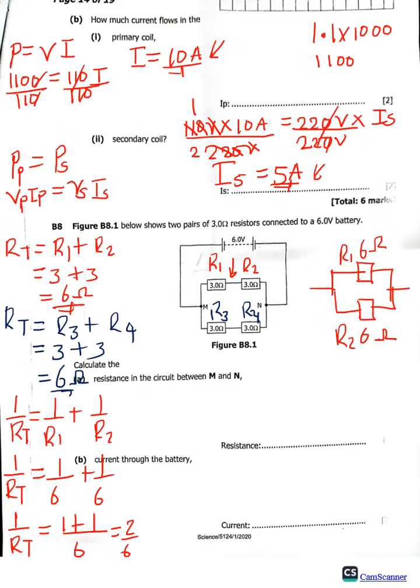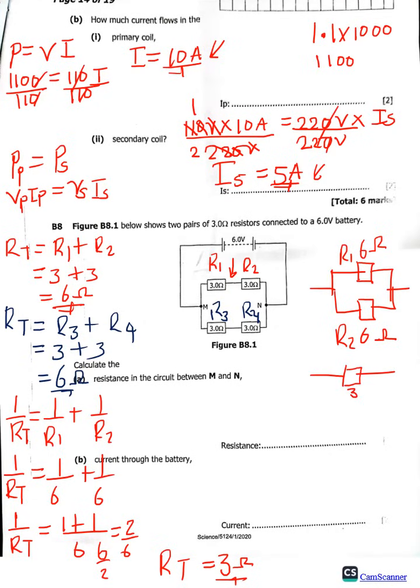So RT is equal to 6 over 2, and 6 divided by 2 is 3. So this is the total resistance. It means now we've combined the 4 resistors to make one, which is 3 ohms.